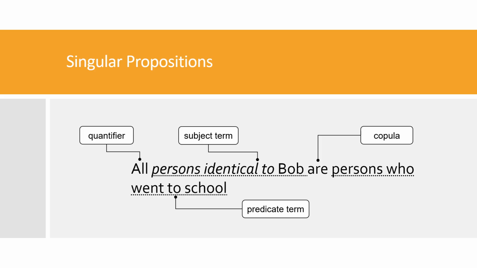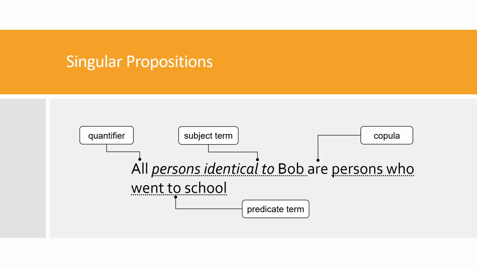Now notice this translation gives us everything we need. We have a clear quantifier, we have a subject term, we have a copula, and we have our predicate term in the proper order. And of course, notice when I say persons identical to Bob, what I'm doing is removing that one person, Bob, from other contexts and saying there's just one of him. And of course, what I mean then is all of that one person's are. Now, this sounds rather stupid. It's quite unwieldy. And frankly, this is not a strategy that you should bring into your poetry classes or the like.